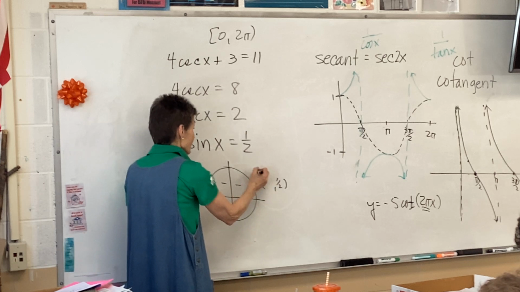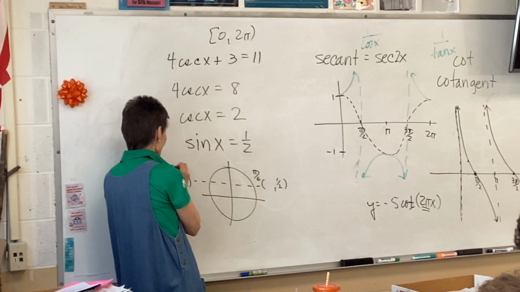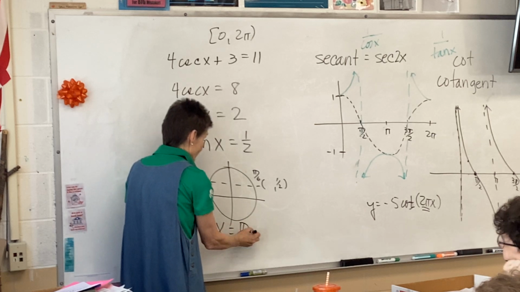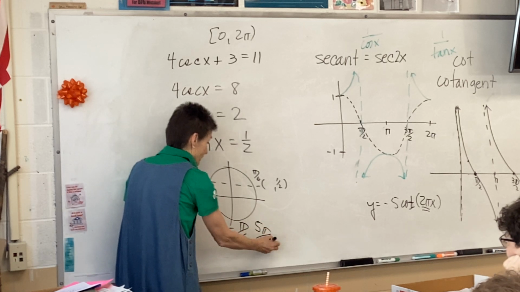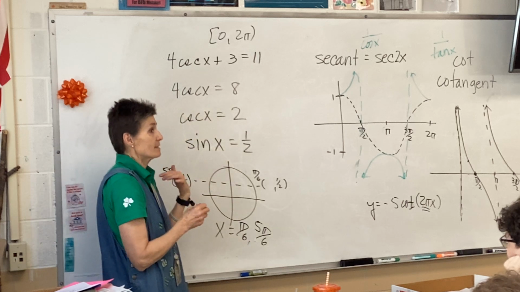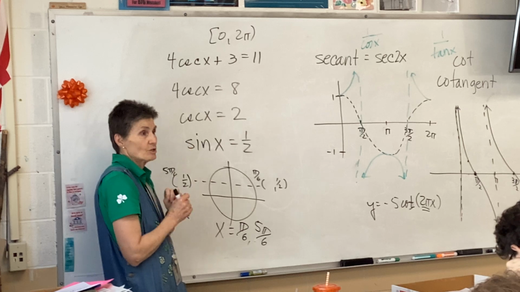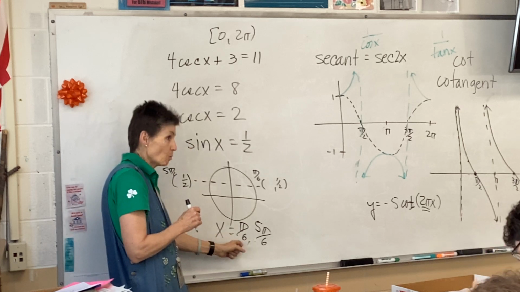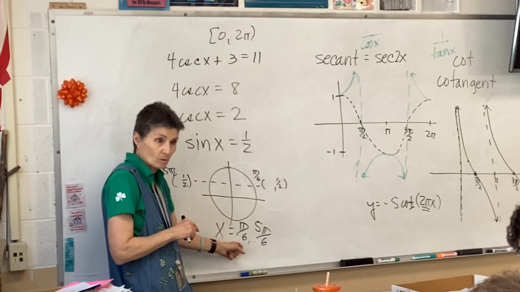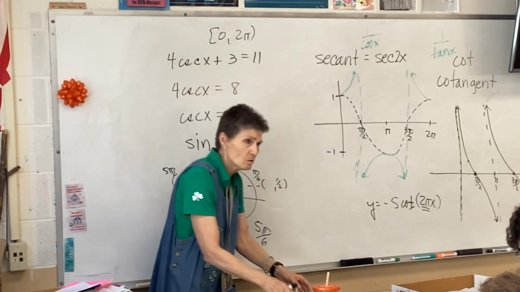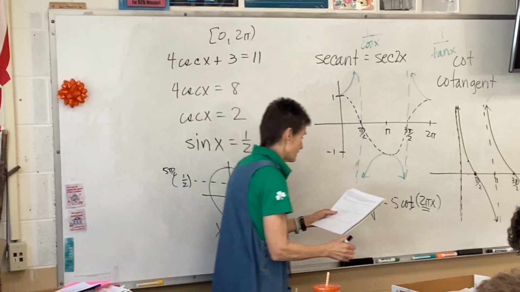At pi over 6 and 5 pi over 6? And those are the answers to the problem. Those are the places where the cosecant equals 2, because the sine equals 1/2 and its reciprocal would be 2. See how easy that is? That is no different than what you've already done.